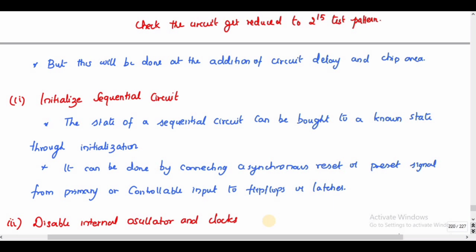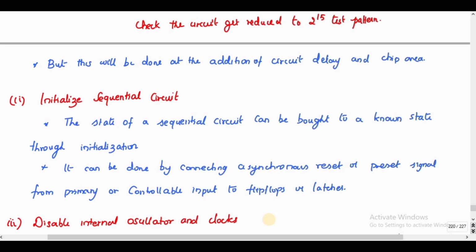Next, initializing the sequential circuit. If we have a 3-bit counter, we don't know the values of QA, QB and QC, the outputs of the flip-flops, at the initial value. It can start with 0, 0, 0, or it can be any random value. The state of a sequential circuit can be brought to a known state with the help of initialization.